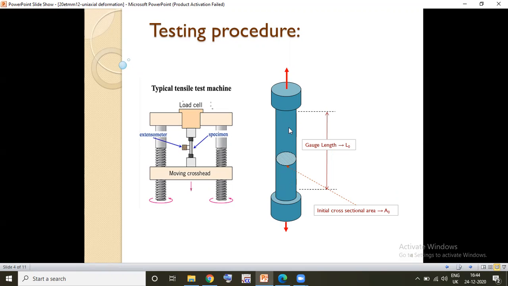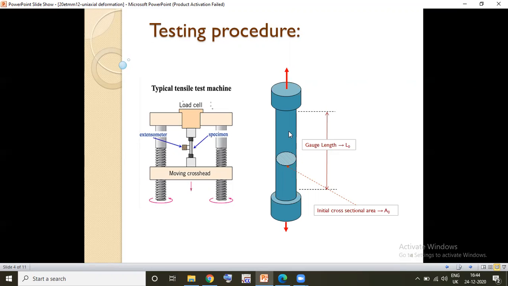You may ask why the cross section is different in this region. The main reason is that these two ends are nothing but the holding sections, and this is where the real tensile deformation is going to take place. Stress is nothing but the force per unit area. Here the same force is applied through every cross section of the specimen.